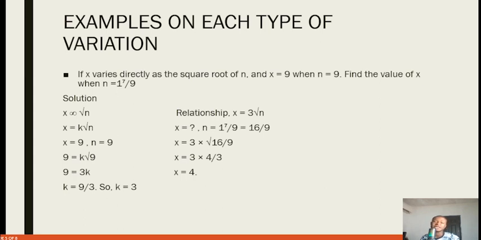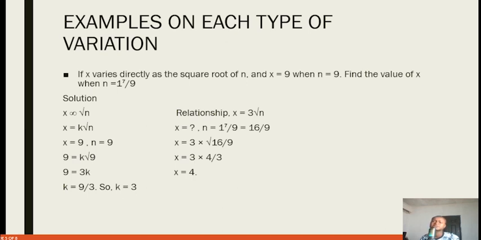So we've gotten our value for k to be 3, and then we are going to write the relationship between the two quantities out, from this. So we substitute our k alone, and that is where we get the relationship. Now we are asked to find the value of x when n equals 1 whole number 7 over 9.